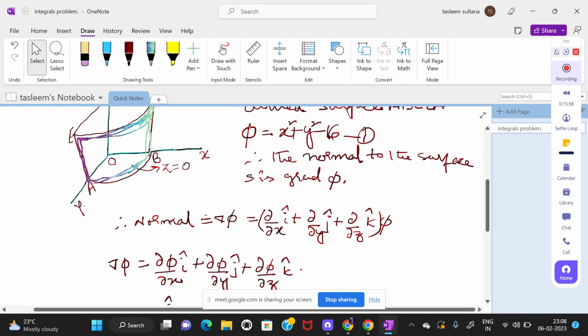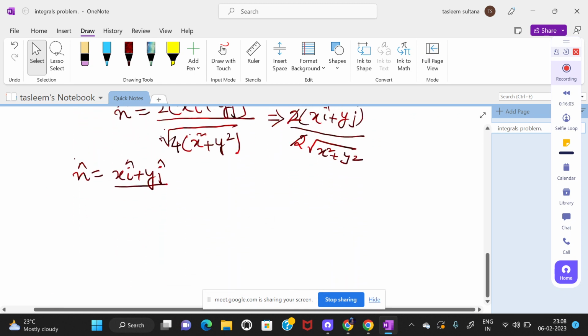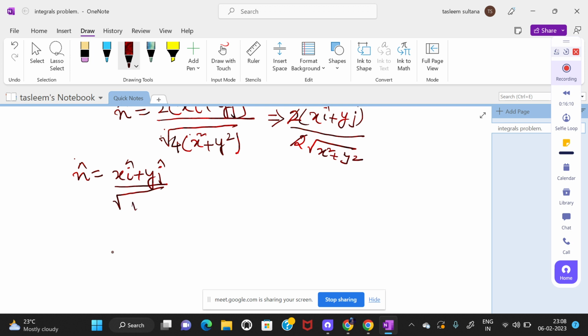So we can replace x square plus y square with 16. Here we are just replacing the circle equation. So the square root of 16 is equal to how much? 4.